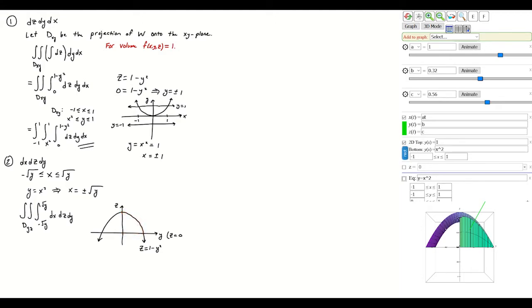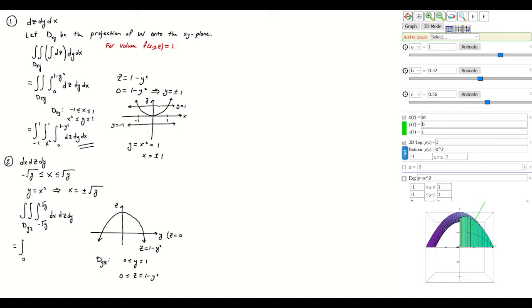So our projective region, D sub yz, can be described by saying y is between 0 and 1, and z is between 0 and 1 minus y squared. And that actually gives us our bounds.